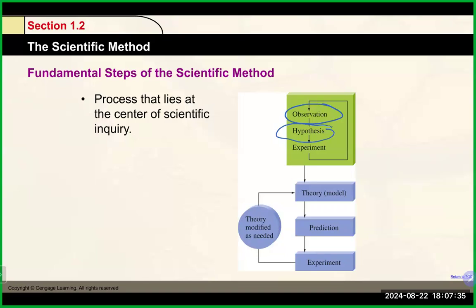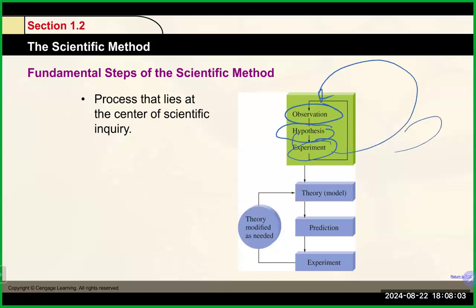The good news about the experiment, and the bad news, is that oftentimes experiments lead to a big U-turn of more observations. Maybe you get lucky and observe something of what you thought you might see, but a lot of times you might observe a lot of other things. That leads to perhaps needing to revise your hypothesis, come up with a new hypothesis, and that's going to lead obviously to more experimentation.